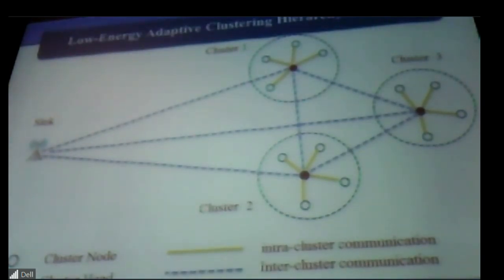The other nodes communicate with the cluster head, which communicates with the base station. From the sink to the cluster head, we call it inter-cluster communication, and from the node to the cluster head, we call it intra-cluster communication.